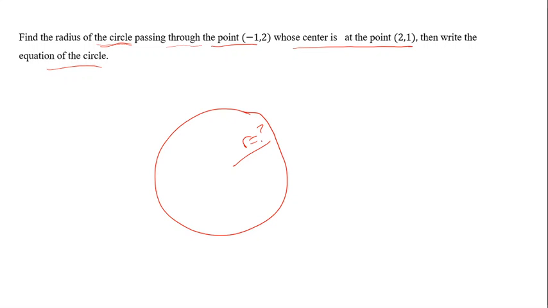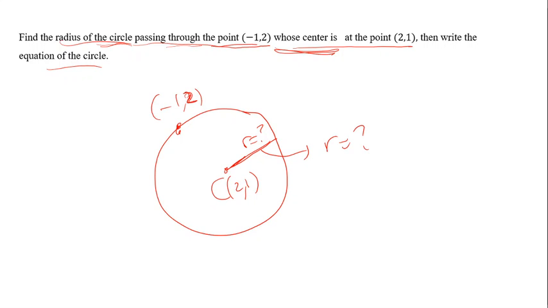The circle passes through the point minus 2, 1, and the center here is 2, 1. So what is the radius? The radius is asked, and what is the equation of the circle?